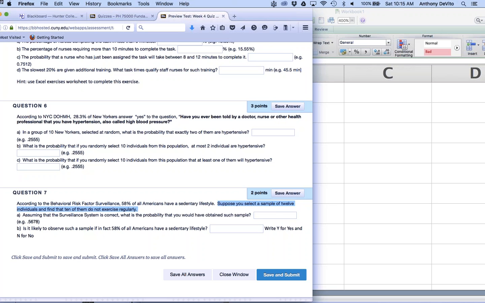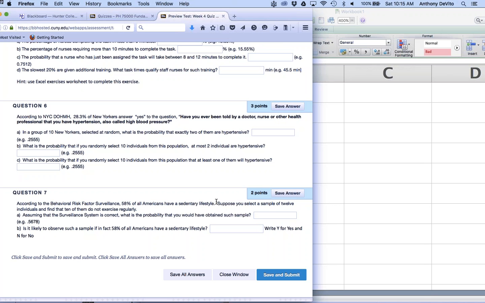That could mean exactly 10 or 10 or more out of your sample of 12 do not exercise properly. I think that probably they're looking for 10 or more. Right? So if they're looking for 10 or more, that means we can't work that way. We've got to work down.